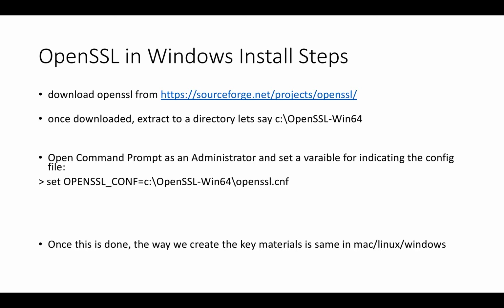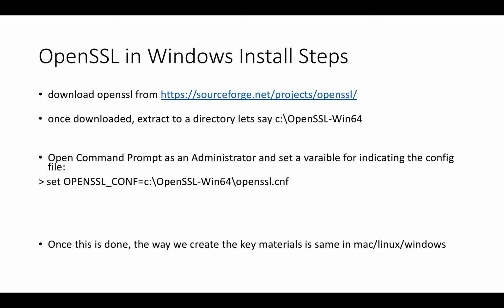But if you're using Windows and you don't have OpenSSL, then you can go to this link, sourceforge.net/projects/OpenSSL, and once you download, you can extract that to a directory, and you can run this command right here if you need to. After that, you should be ready to enter the same commands as we do in the lab.